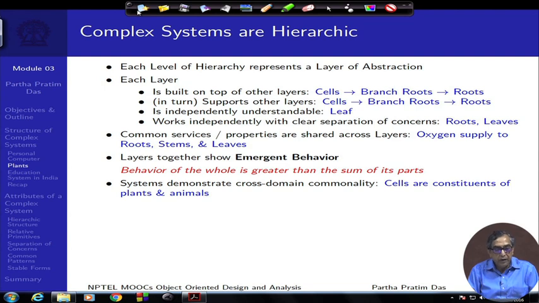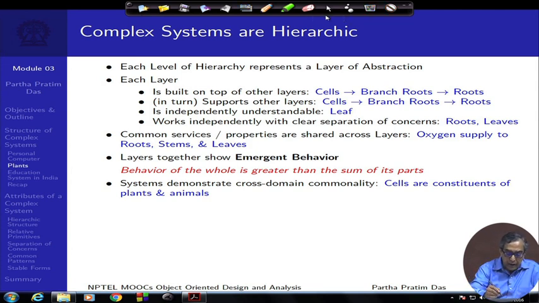We can keep on decomposing that, but when we go to the basic building blocks, they are again cells. The cells differ. There are different kinds of cells, animal cells have certain properties, plant cells have different properties, but the fundamental part is that undeniably these are cells. Those are the constituents of plants and animals both. So, across domains we find commonality here, again as we saw in the case of the personal computer.